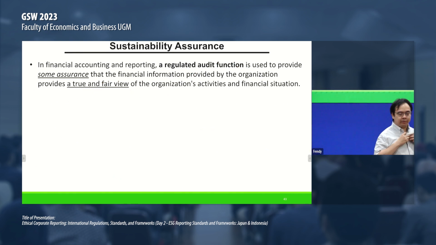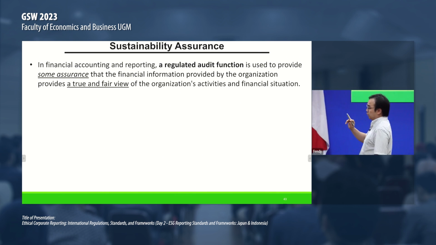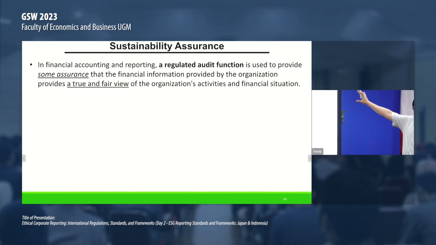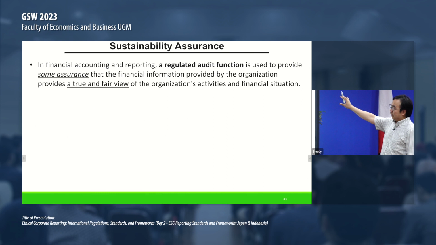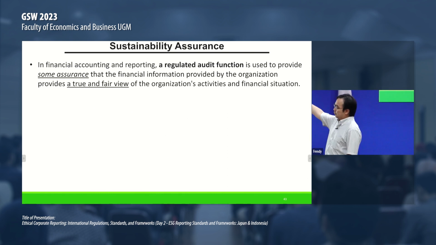All right. Now, one more topic related to assurance, which we talked about a bit yesterday. So, the role of assurance in traditional financial reporting is listed here.